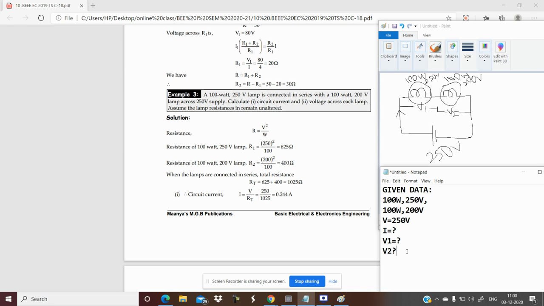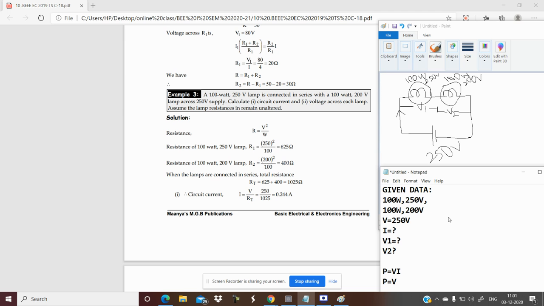Now before that you have to calculate the resistance of each lamp. We know that P is equal to V into I. Here P is the power in watts.